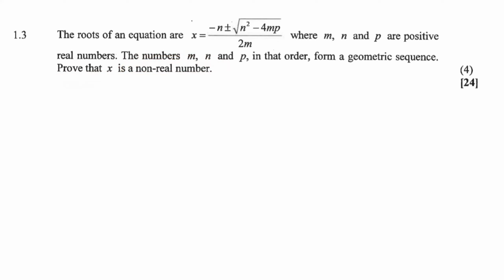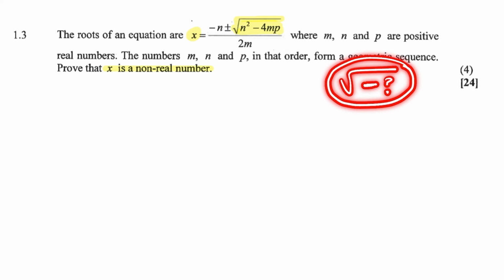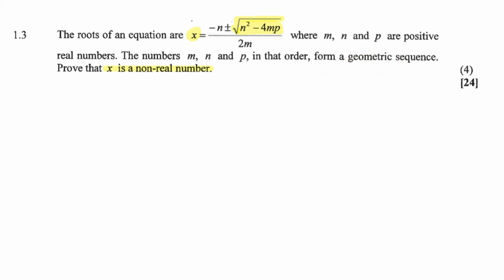So for x to be a non-real number, the square root in our equation must be negative, because when the square root has a negative value on the inside of it, then that square root cannot exist, and that's what we call a non-real number. So from the information given to us, we want to see that n squared minus 4mp is smaller than 0.